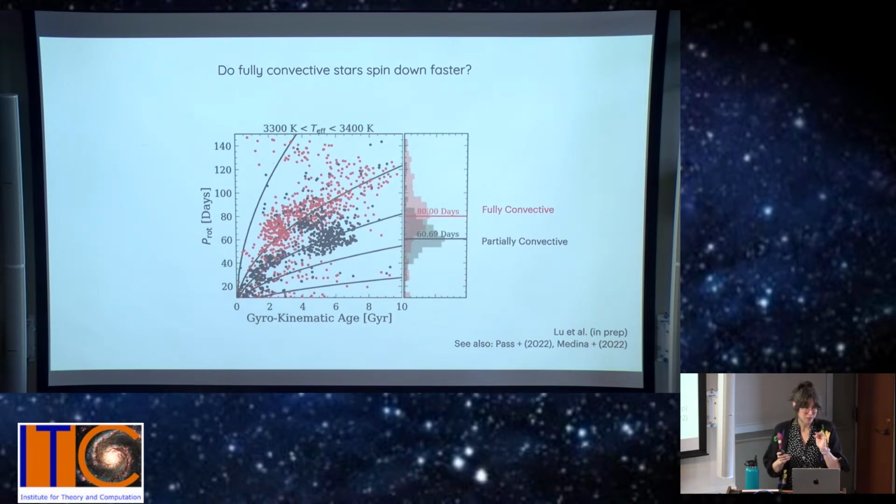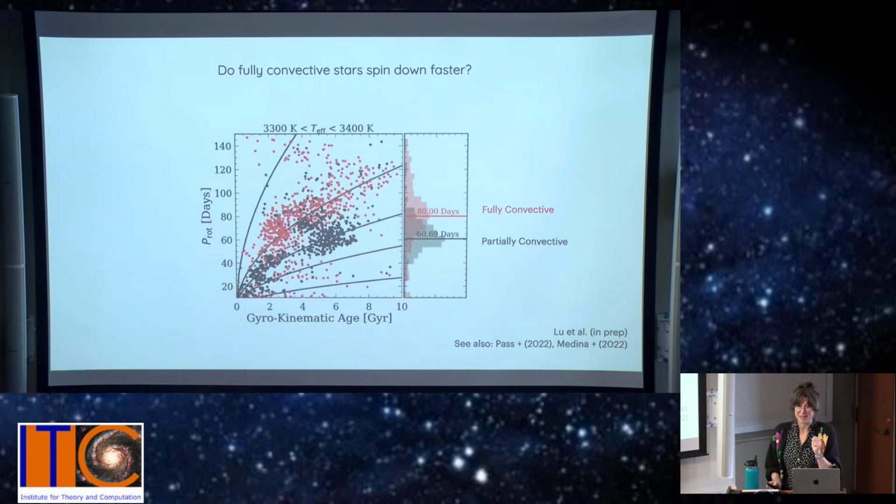What I want you to take away from this plot is just the fact that fully convective stars at the same age and temperature seem to spin down much more quickly than partially convective stars. That is what we're seeing in the data. And if true, this is pretty extraordinary.